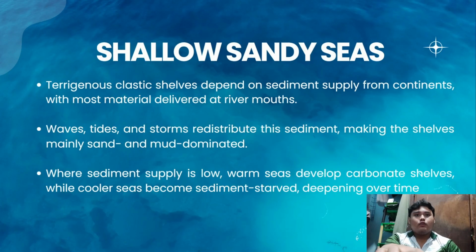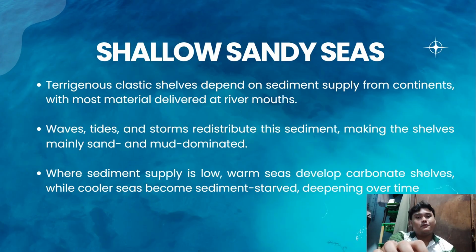Here we have the shallow sandy seas. The shallow sandy seas are heterogeneous clastic shelves that depend on sediment supply from continents, with most materials delivered at river mouths. The waves, tides, and storms redistribute these sediments, making the shelves mainly sand and mud dominated.